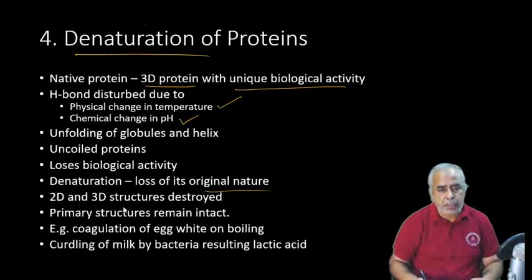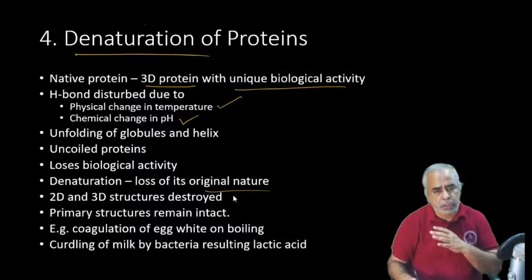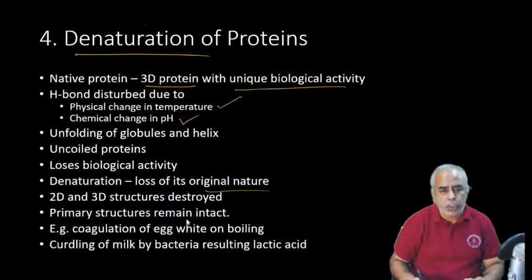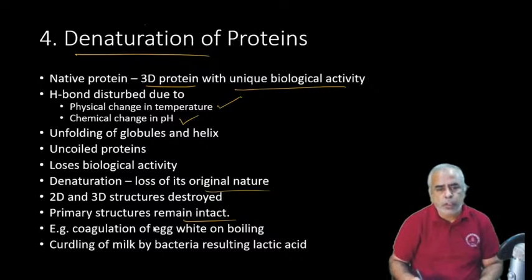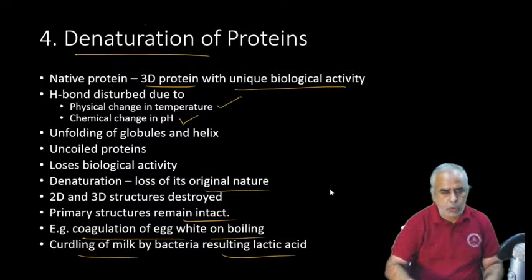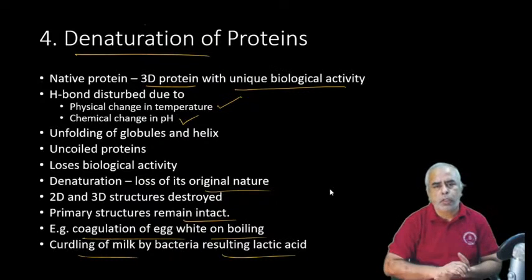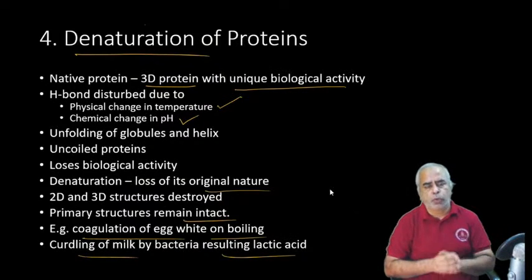So the 2D and 3D secondary structures are destroyed, but primary structures are intact, they remain unaffected. The best examples can be coagulation of egg white on boiling, then curdling of milk by bacteria resulting in lactic acid. So these are all very good examples to explain the denaturation of proteins.